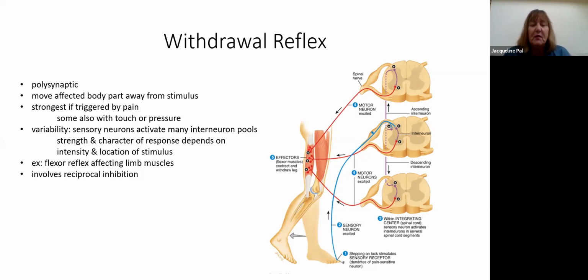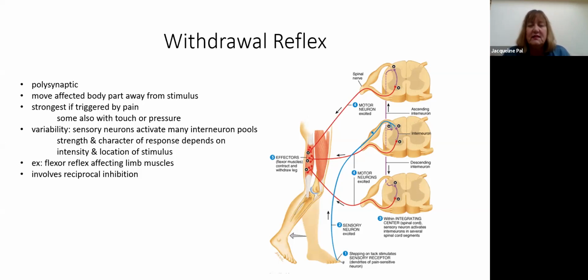And so an example of this is a flexor reflex of your limb muscles, whether you're holding a hot frying pan because you didn't realize it was still hot and so you didn't use a pot holder, or, as in the picture, you are stepping on a tack. Okay.